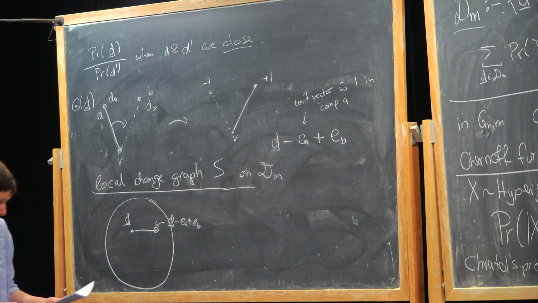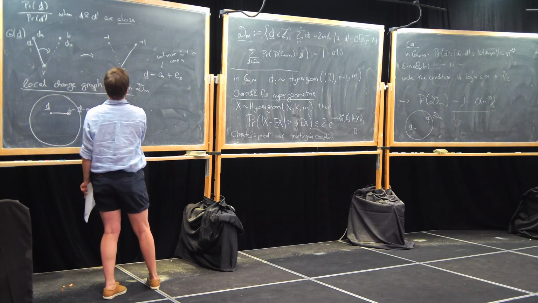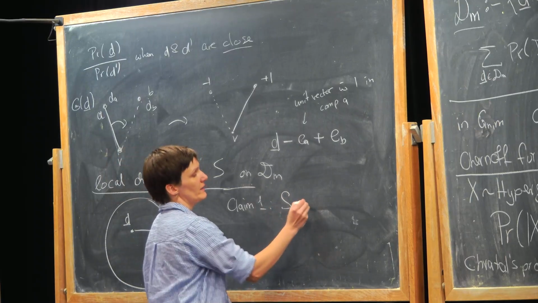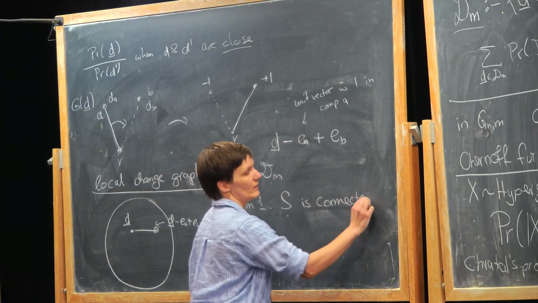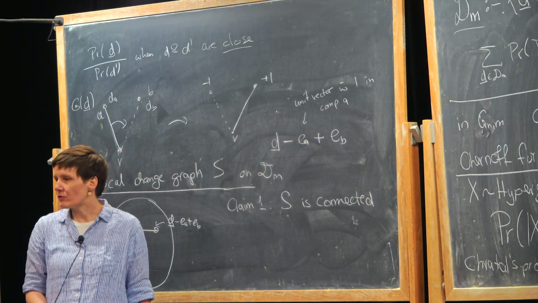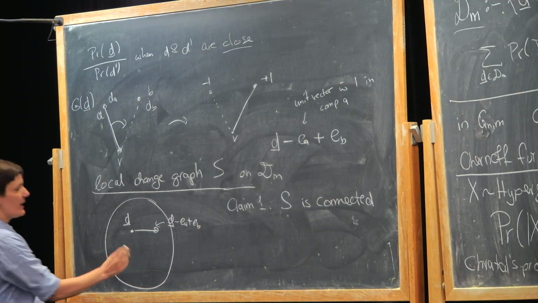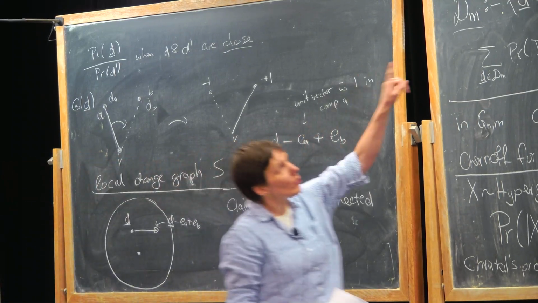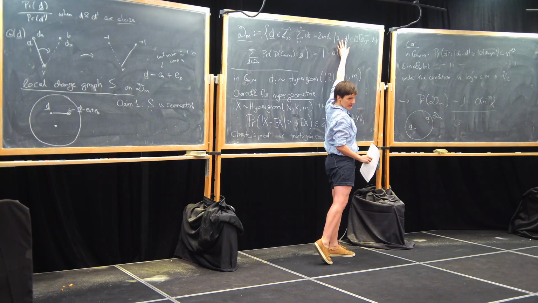Now, what can we say about this graph S? Claim 1 is that S is connected. Why would that be true? On S, what is my set Dm? It's all those degree sequences where the individual degrees don't deviate too much.